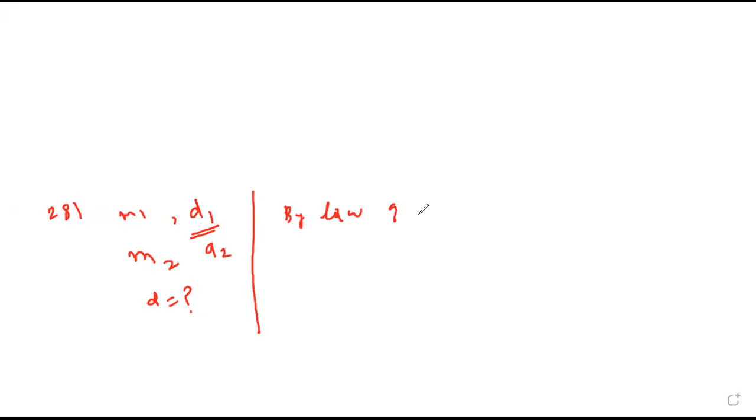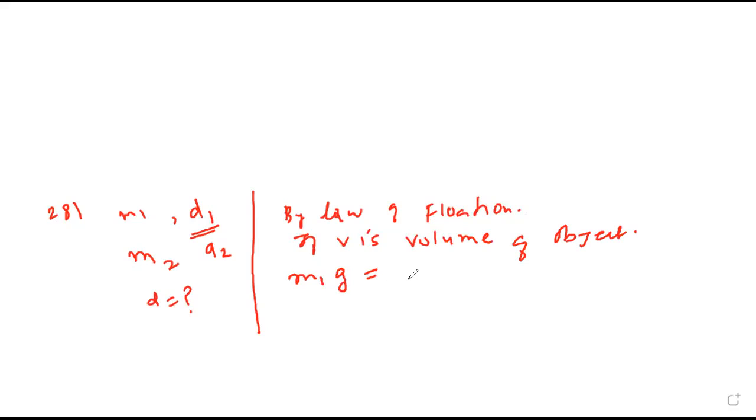By law of flotation, if V is the volume of the object, then m1 into g is nothing but V, that is volume, into density into g, minus V into d1 into g.